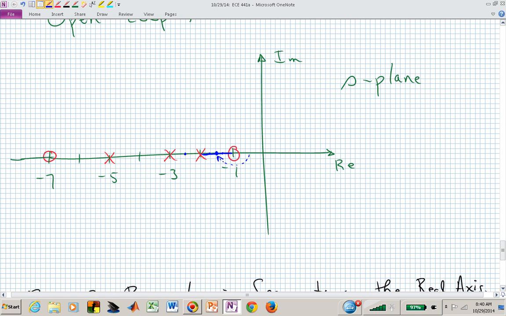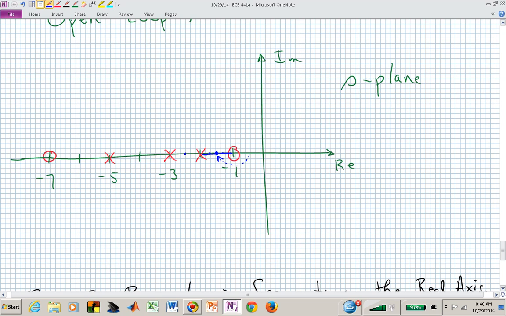Is that making sense? And if you look, the 0 will contribute -180. The pole at -2 will contribute -180, and all the others are contributing 0. The net effect is -360 or 0. That's not -180. So that can't be. Any point between -2 and -3 cannot live on the root locus.